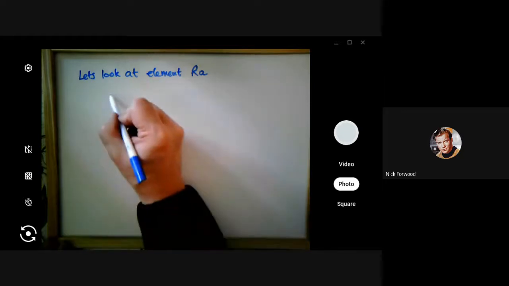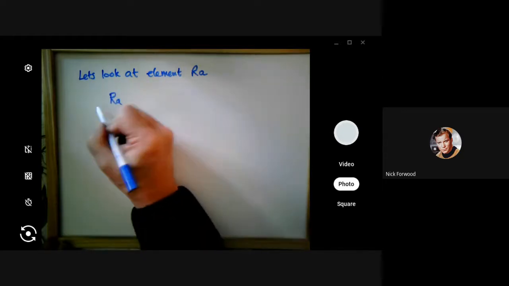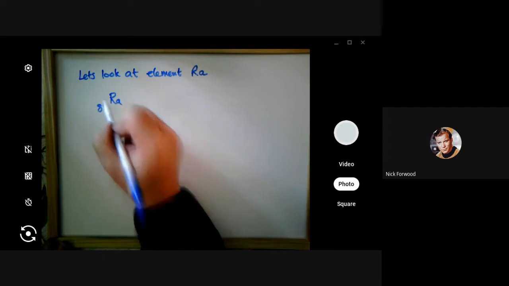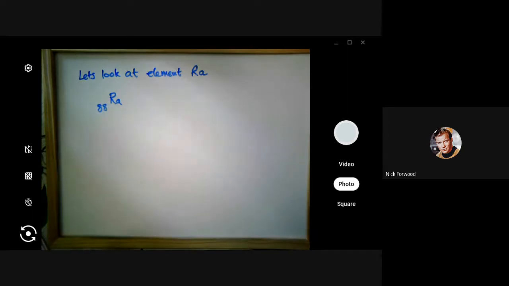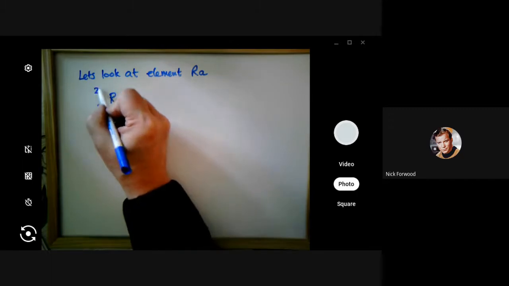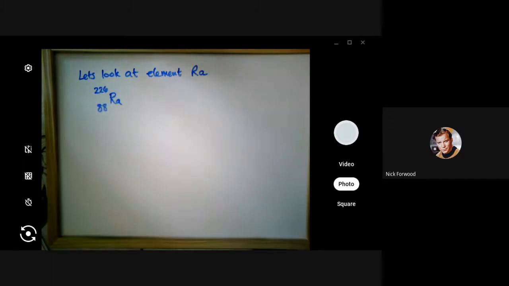So our notation for radium would be 88, and the most common form of radium is called radium-226. And there are other isotopes like radium-225 or radium-227. Now this is the most common type of radium, and it undergoes alpha decay.